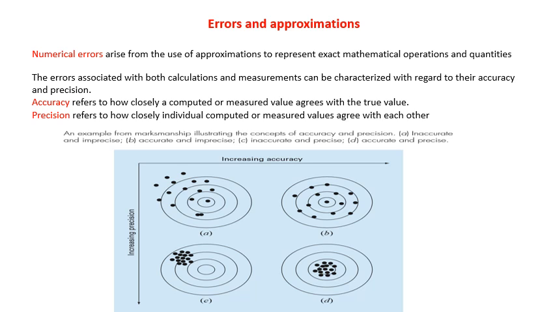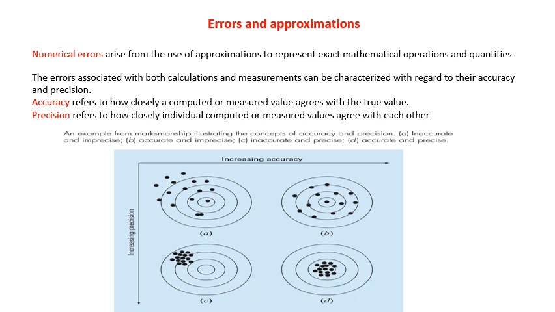Now let us study errors and approximation, in which we will first understand the concept of numerical error, accuracy and precision. Look at this diagram of a dartboard, in which 4 attempts were made. Figure A is inaccurate and imprecise, that means it is neither accurate nor precise.